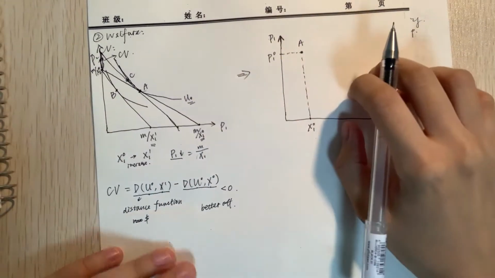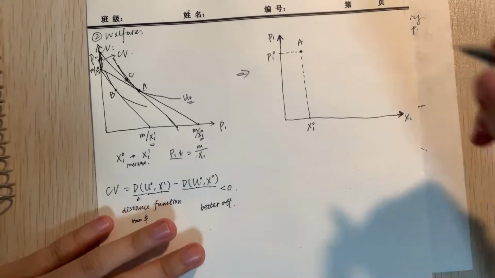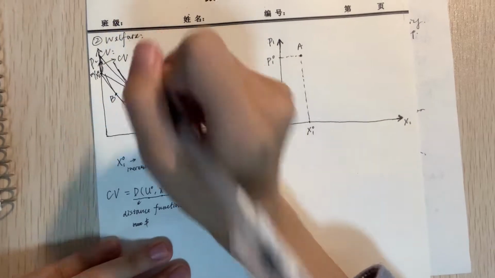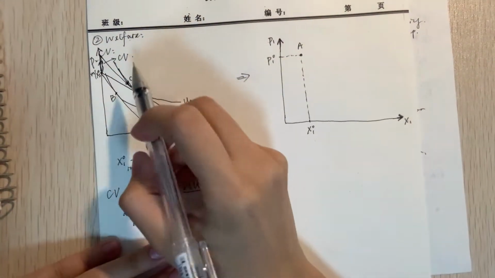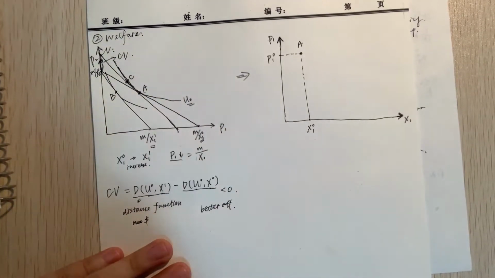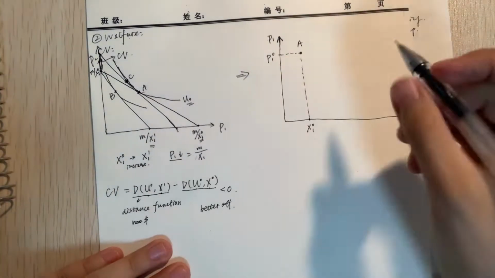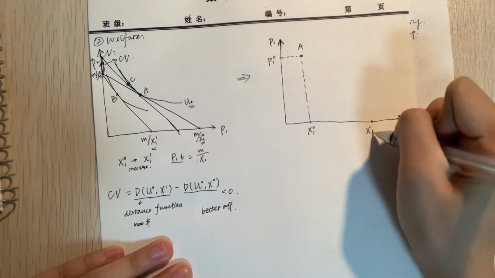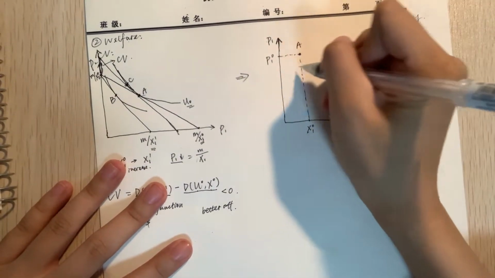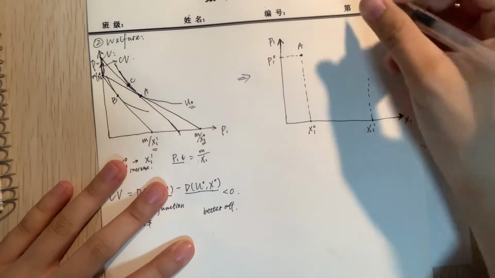And putting it in here, we'll see a more clear picture of CV. This is, like I said before, the original equilibrium point. And where is C? Well, we don't actually know the corresponding price level, but what we do know is the quantity level, which is the new level of quantity. I will mark it here as this. We don't know about the price, but it's okay. It doesn't really matter. So I'm just going to put it here.